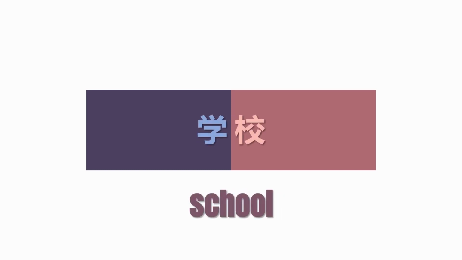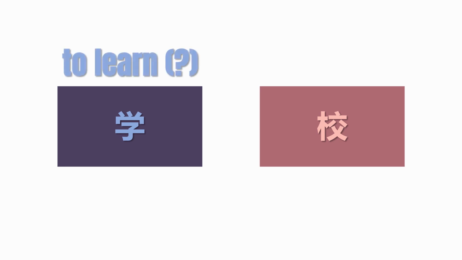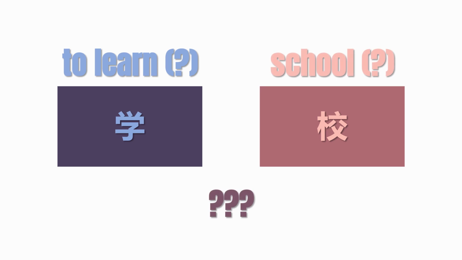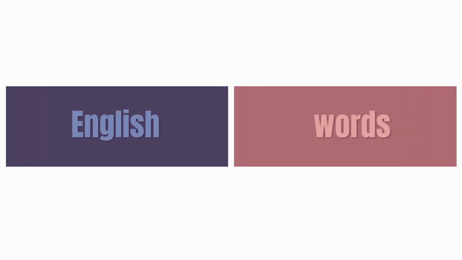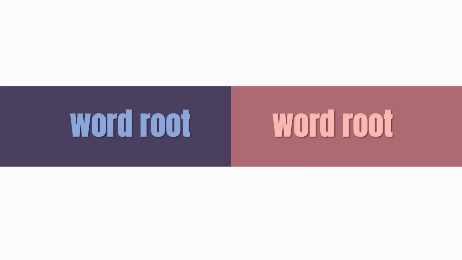If you separate one word that consists of 2 characters into 2 words and try to understand the meaning of each character, in most cases, you can't really tell what each character means literally anymore. Let me use English as the comparative object. Characters in Chinese are mostly like word roots in English.